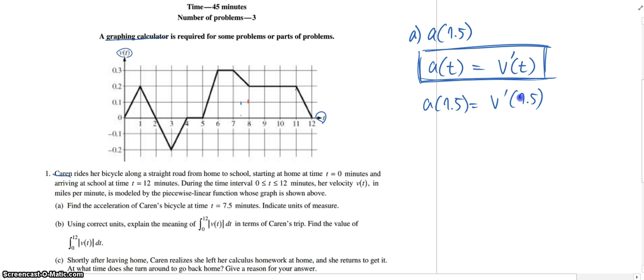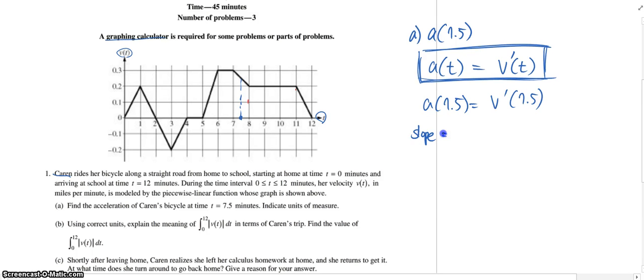The derivative can be seen as the slope at that time. It should be the instantaneous rate of change, but in this case, around 7.5 the whole segment has the same slope, so the instantaneous and average rates of change are all the same. So we want the slope at 7.5, which is the same throughout from 7 to 8.